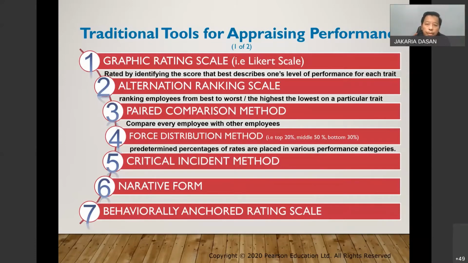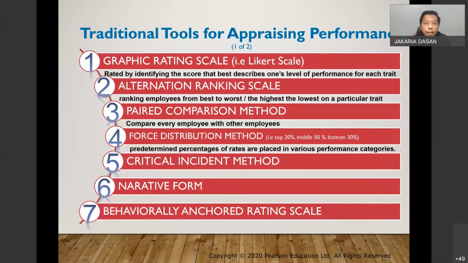So based on this percentage, they look for the employees: how many employees, and who are they actually in the 20%, the top 20 percent? This is what we call the forced distribution method. And from that, the next thing they identify is maybe the bottom 30. The bottom 30, maybe they observe this either through their attendance at the office, or by reports, and so on.